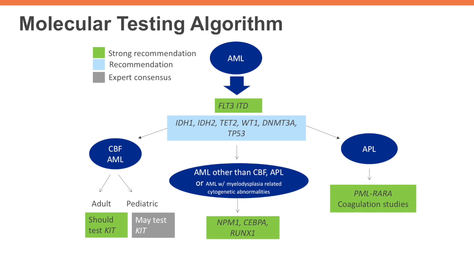At the far left, if they have core binding factor AML and they're adult, they should be tested for KIT mutations, and if pediatric, they may also be tested for KIT mutations. And in the middle, if they have AML other than core binding factors, acute promyelocytic leukemia, or AML with myelodysplasia-related cytogenetic abnormalities, then they should be tested for NPM1, CEBPA, and RUNX1.